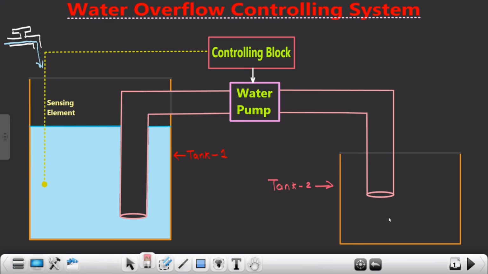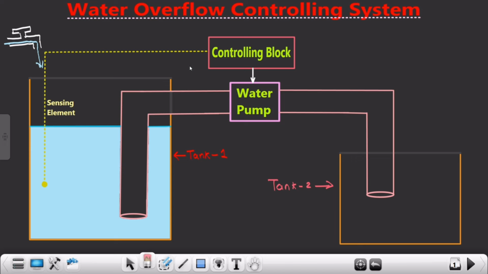So I hope you got a brief idea of what exactly the project is all about, but still I'll explain it to you once again. So this is our sensing element. This sensing element will actually judge the water level, okay, and depending upon the water level, it will give the output to the controlling block, okay? And now since the controlling block is getting certain input, depending upon the water level, it will give the output depending upon the input.